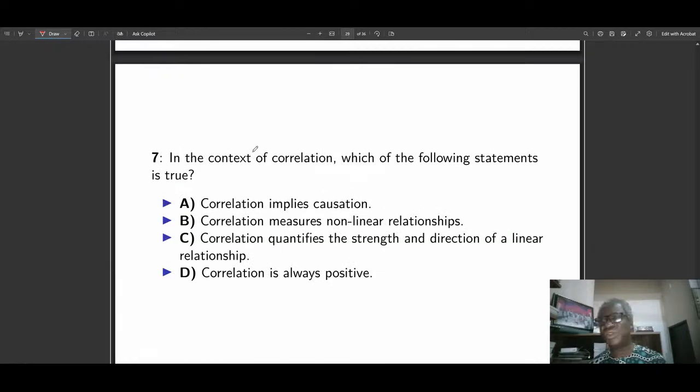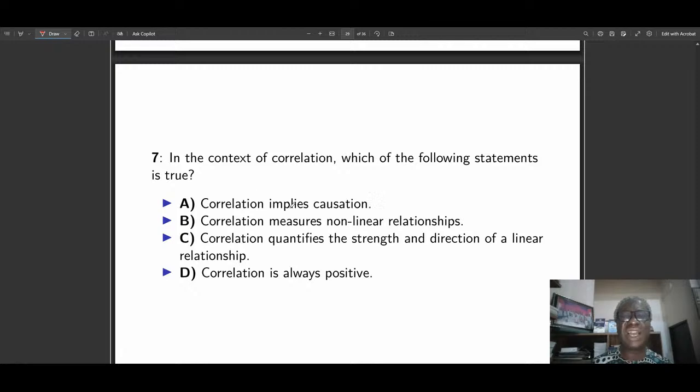So let's move to 7. We are going to 10. We are almost done. In the context of correlation, which of the following statements is true?